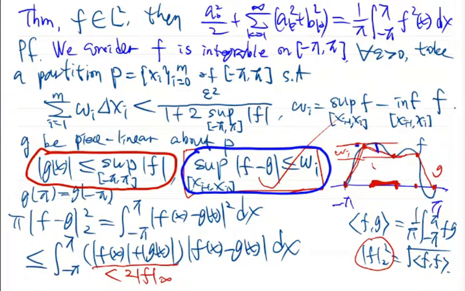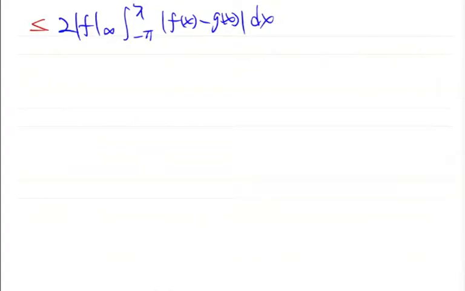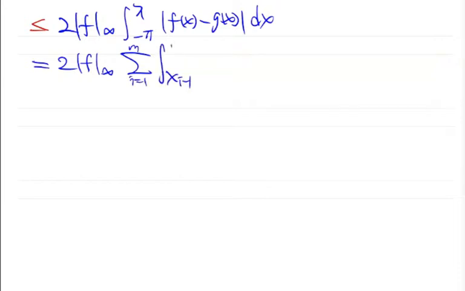Because we have the partition of the interval −π to π, the integral can be divided into the sum of the integrals over every subinterval. So this is precisely equal to 2 times the sum for i from 1 to m of the integral from x_{i−1} to x_i of |f(x) − g(x)| dx.